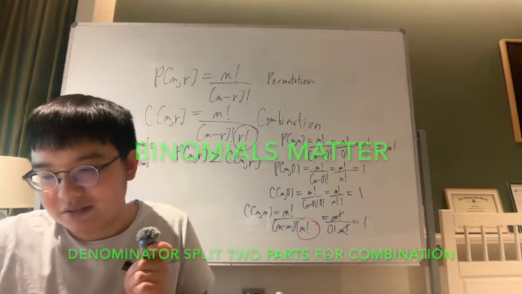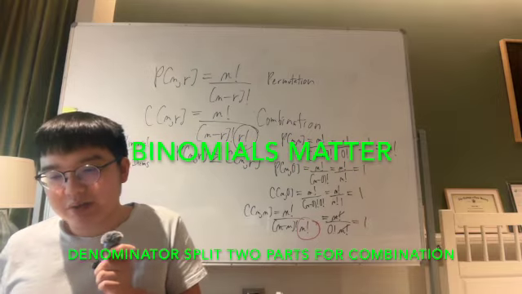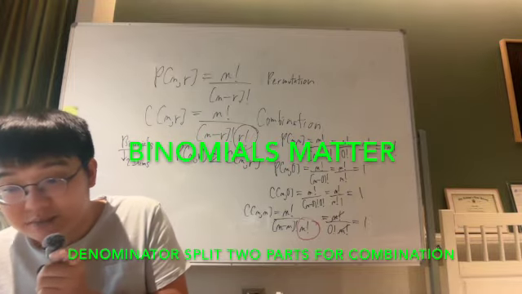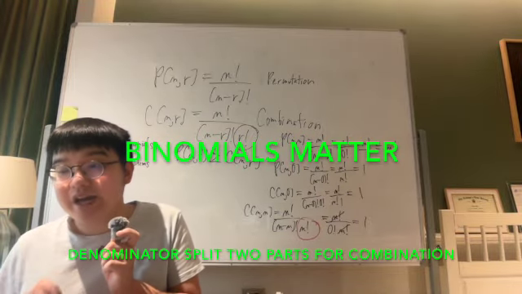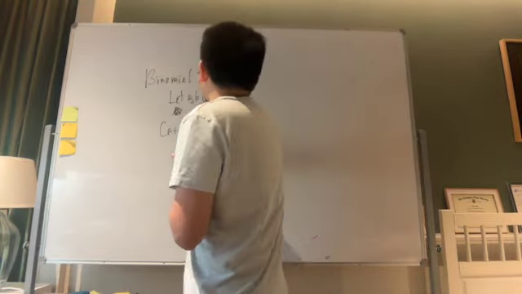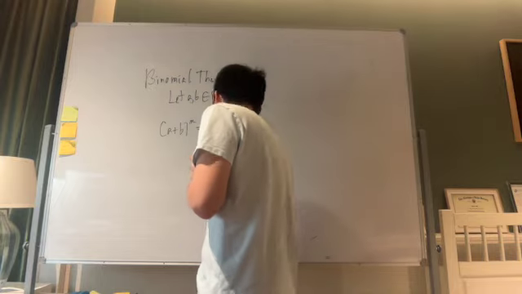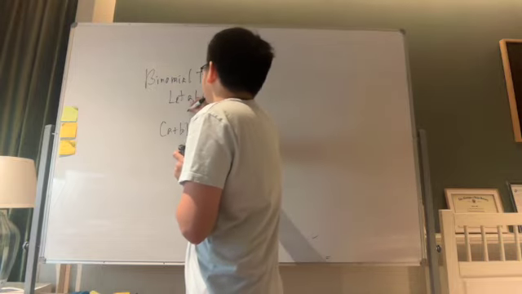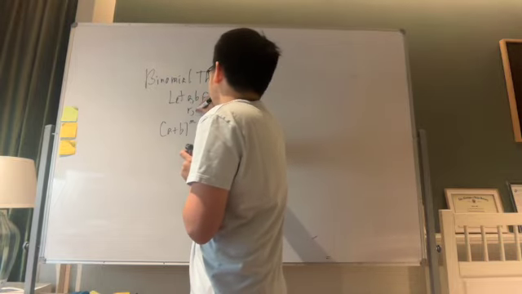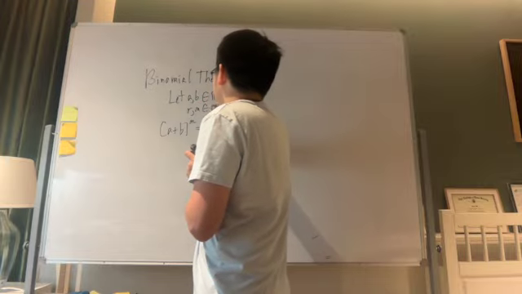Let us look at binomials and binomial expansion. Here is the binomial theorem in all its ugly abstract glory. Let there be 2 real numbers, a and b, and let there be 2 natural numbers, r and n.